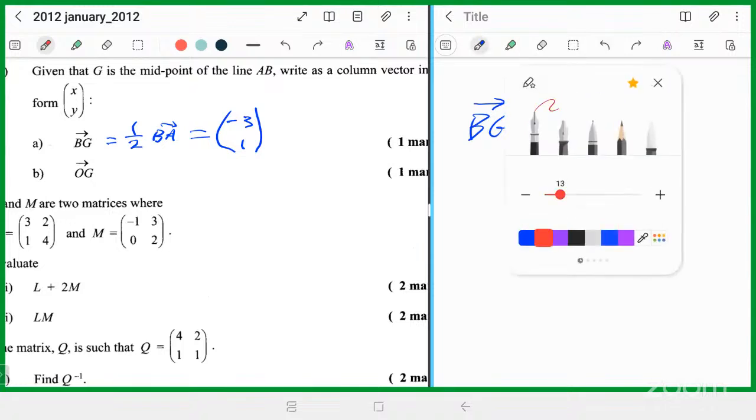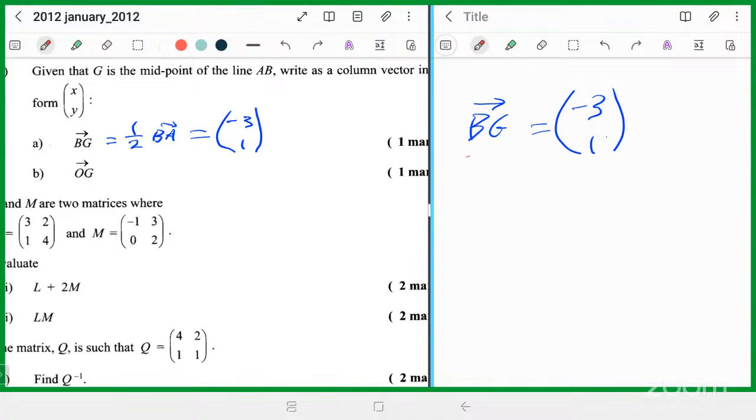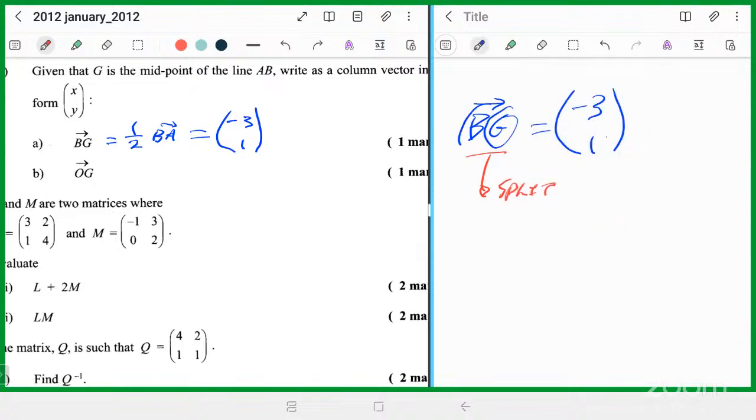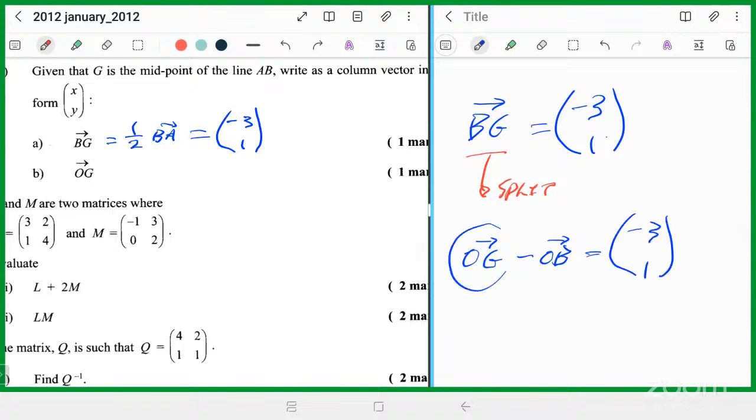We take this and split it into position vectors, and write it as O times the last minus O times the first, which is OG minus OB. And that is equal to -3, 1. Then make OG the subject.